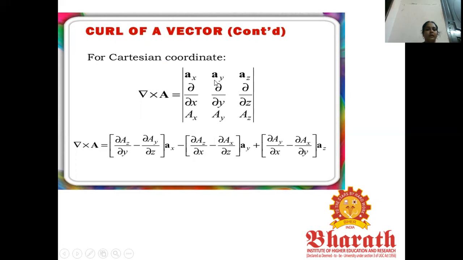The second term is always negative. So minus of Ay, corresponding column, corresponding row: dou by dou x of Az minus dou by dou z of Ax, plus Az, corresponding column, corresponding row: dou by dou x of Ay minus dou by dou y of Ax. So this is del cross A in Cartesian coordinates.